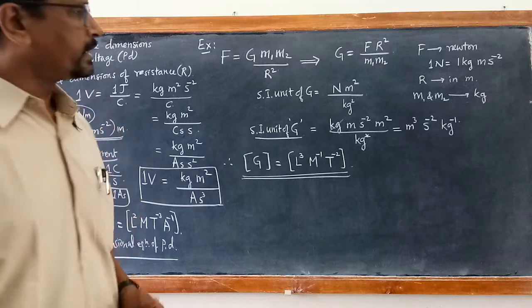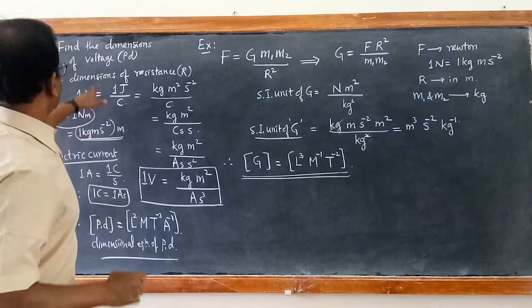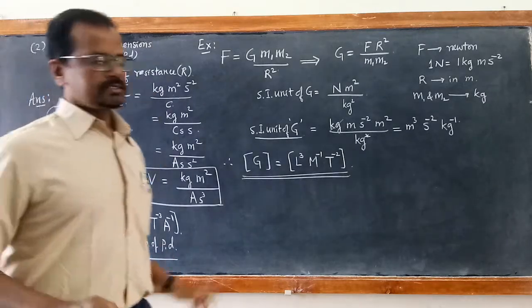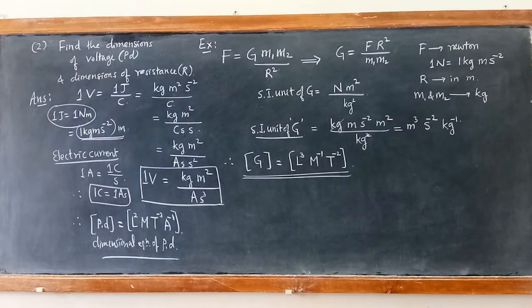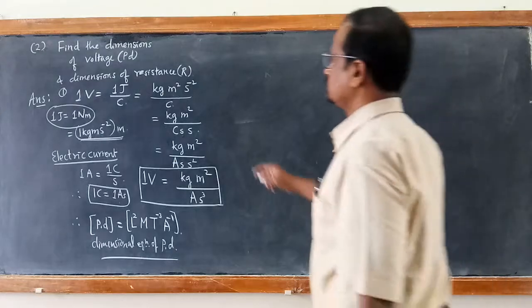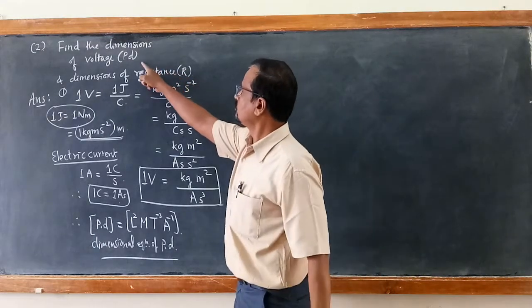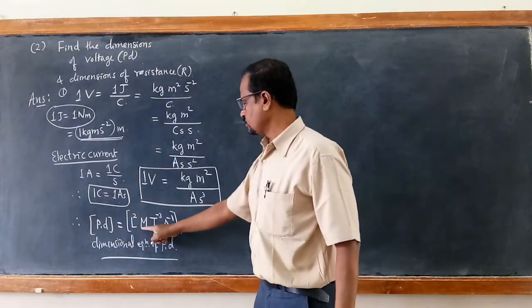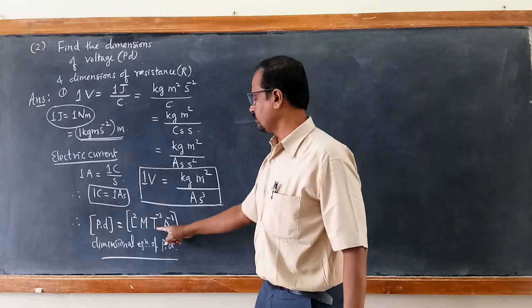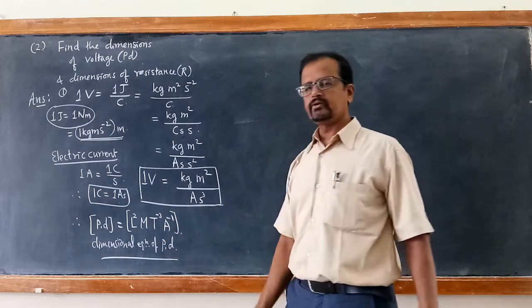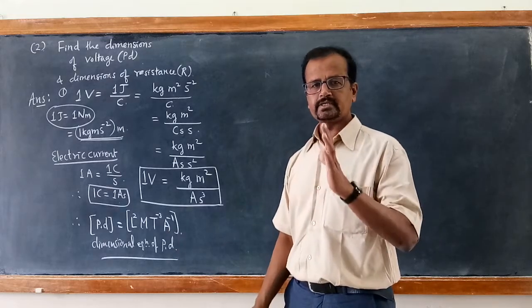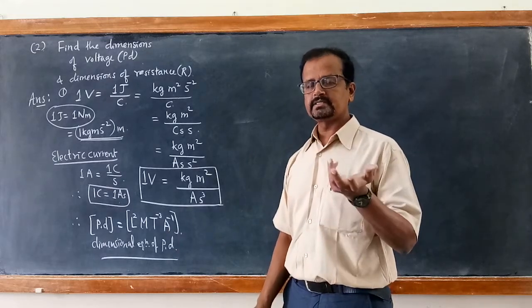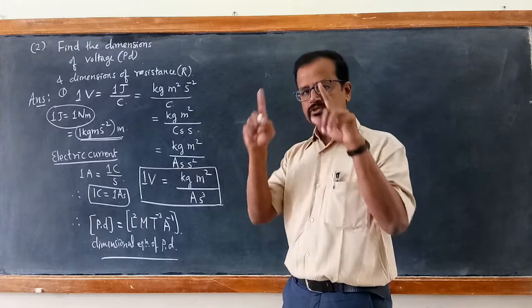Now we can write quickly the dimensions of resistance using this. So first part, we got the dimensions of voltage. L square, m to the power 1, t to the power minus 3, a to the power minus 1, where a is the ampere, SI unit of current, and its dimension is also square bracket a.